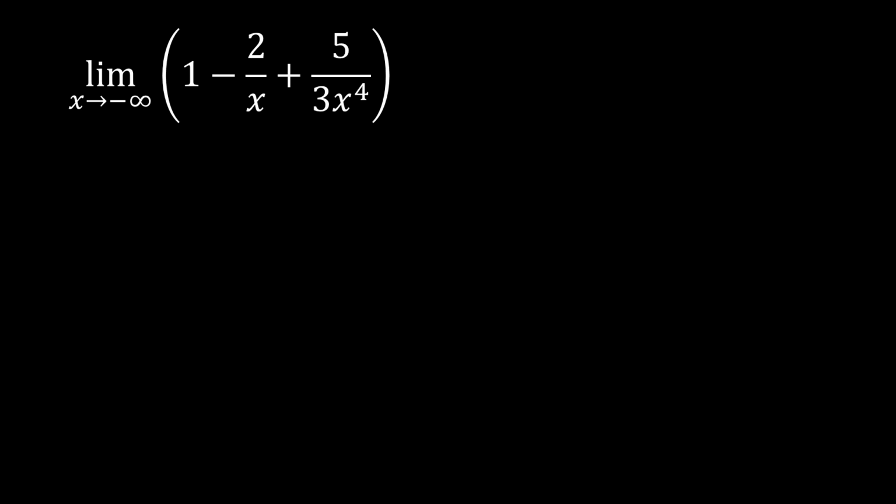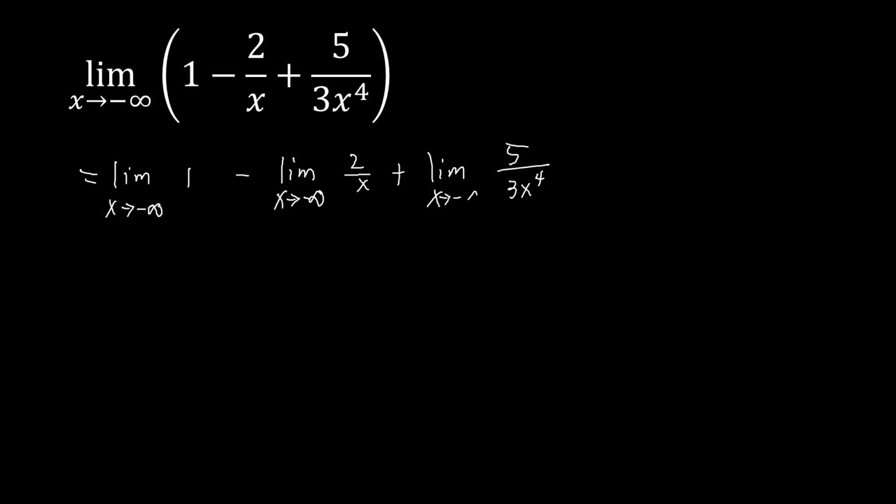So we have the limit of the first term, which is 1, as x approaches negative infinity, minus the limit of the second term, 2 over x, as x approaches negative infinity, plus the limit of 5 over 3x to the power 4 as x approaches negative infinity.